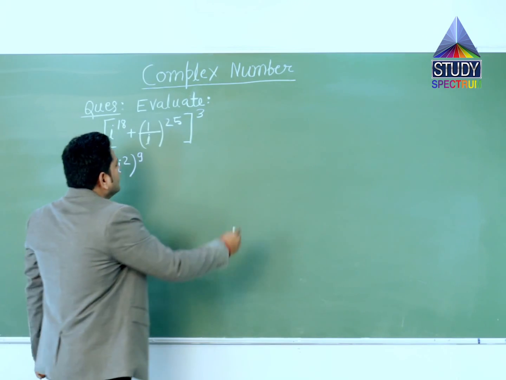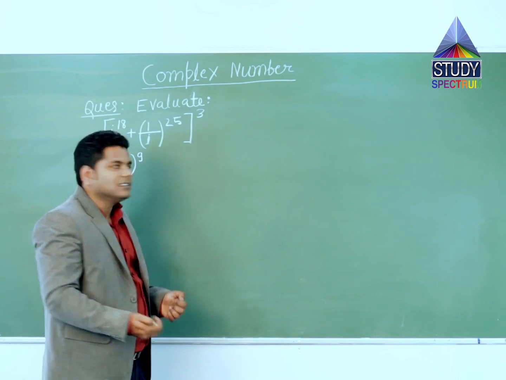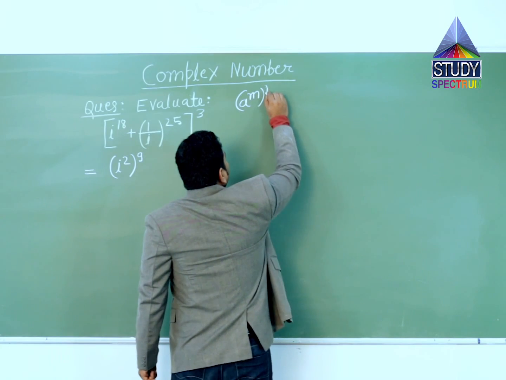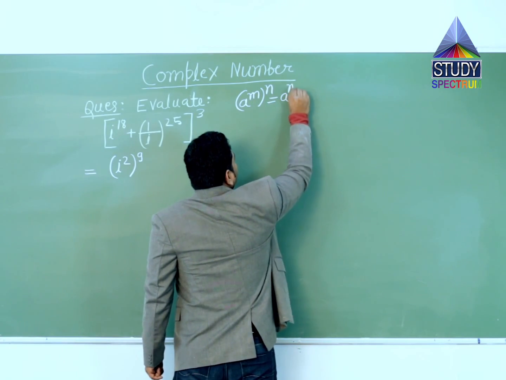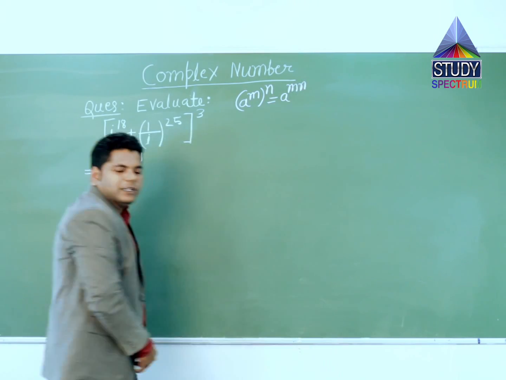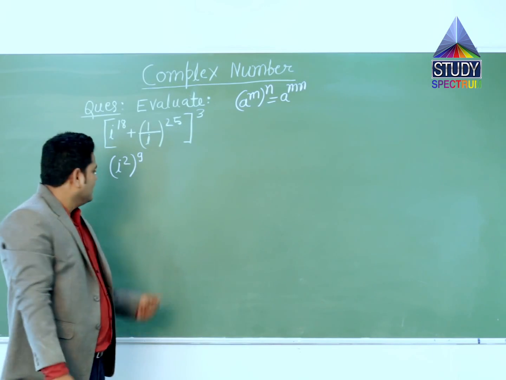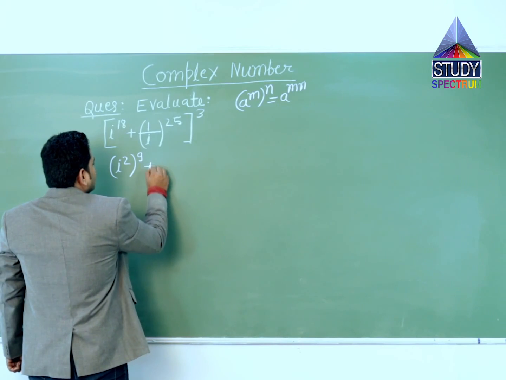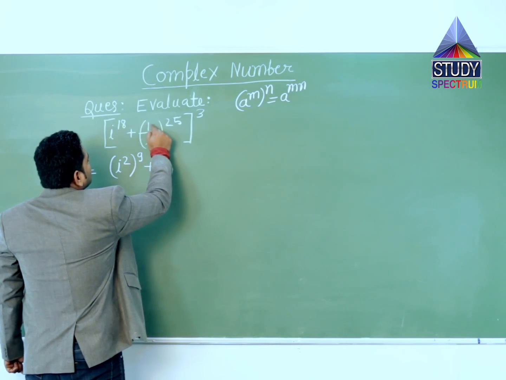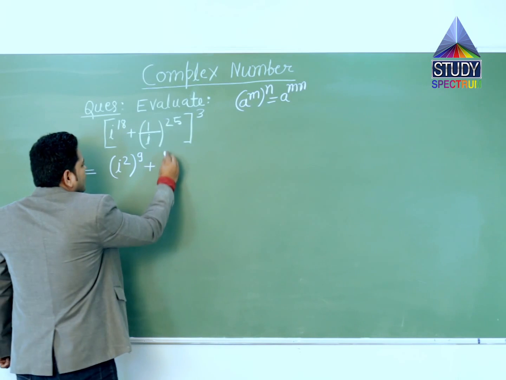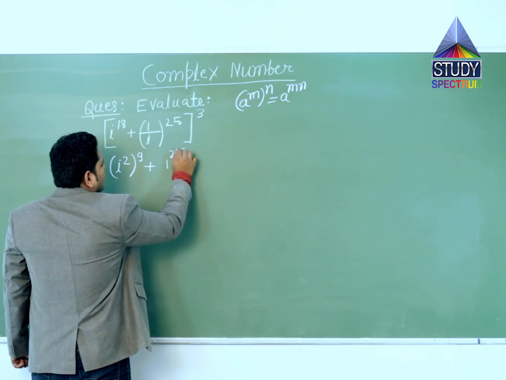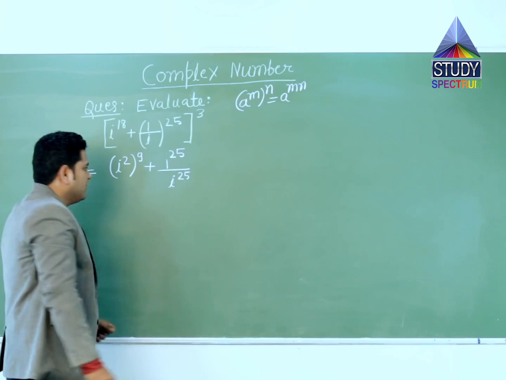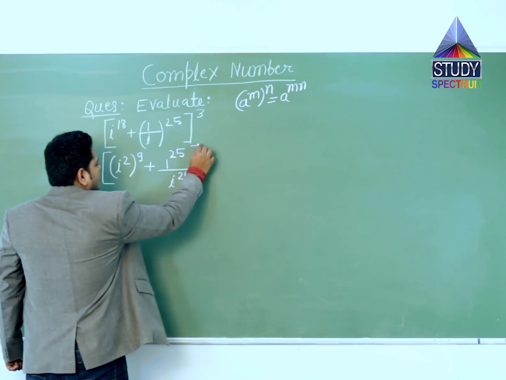As we have studied earlier, the law of indices, if a to the power m whole power n, then you can write a to the power mn. So 18 can be written as 2 into 9. So we can write i square whole power 9 plus, here 25 is the power to both 1 and i, so we can separate this like this, 1 to the power 25 divided by i to the power 25, and we have whole power 3.